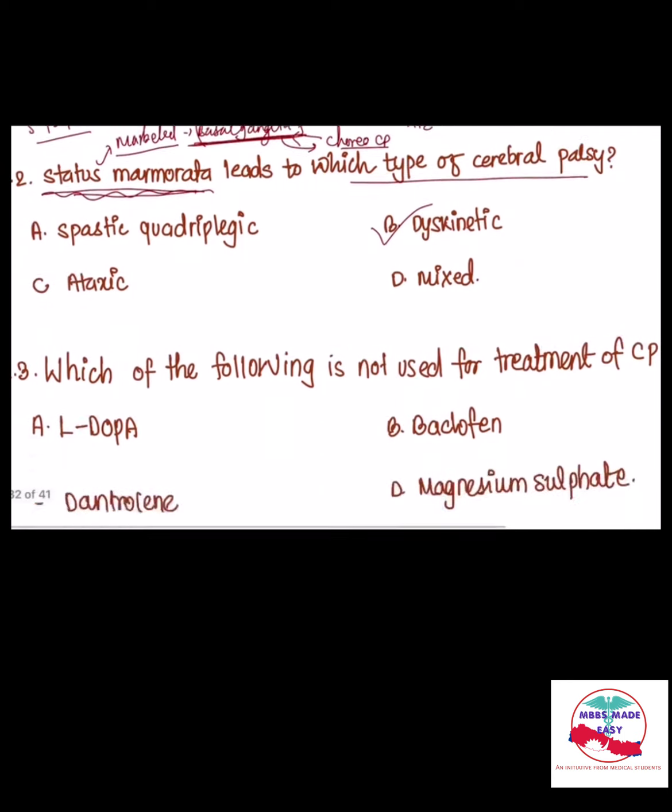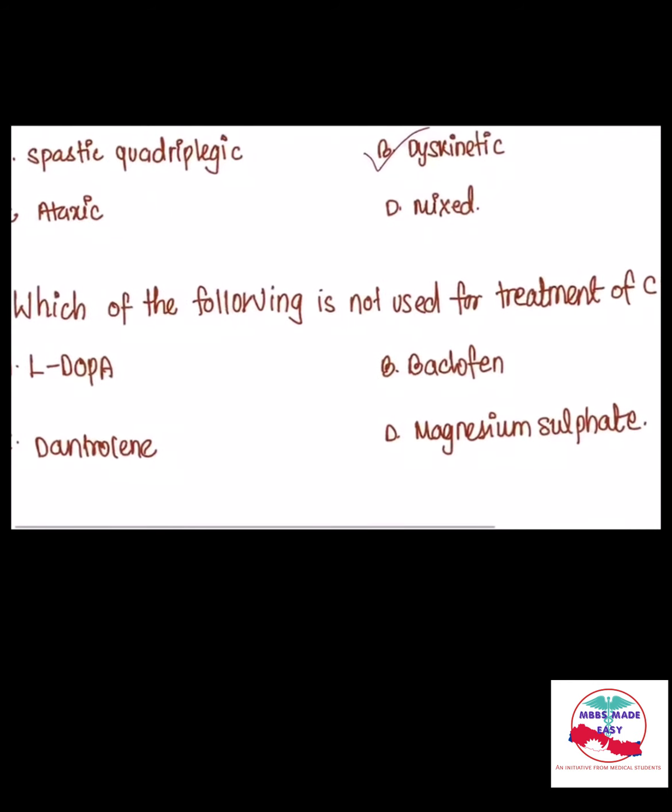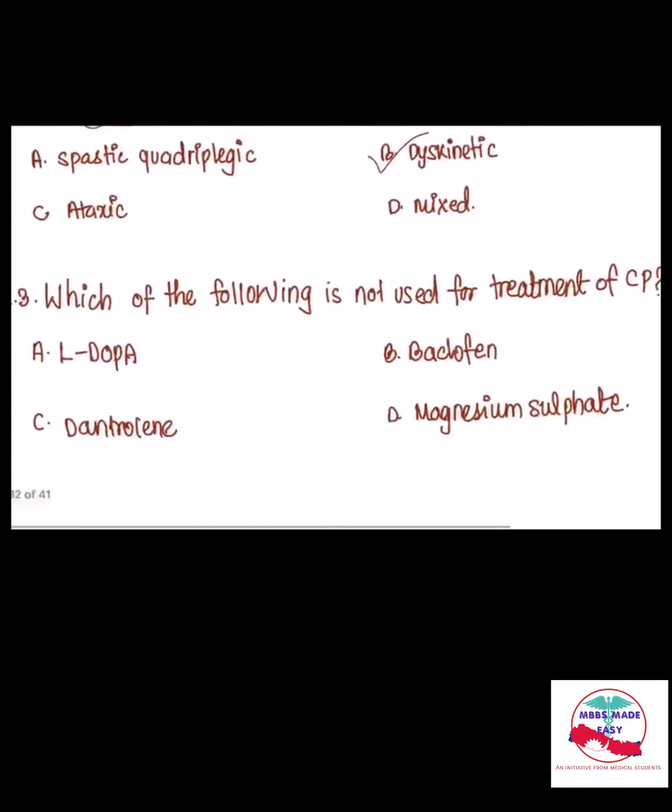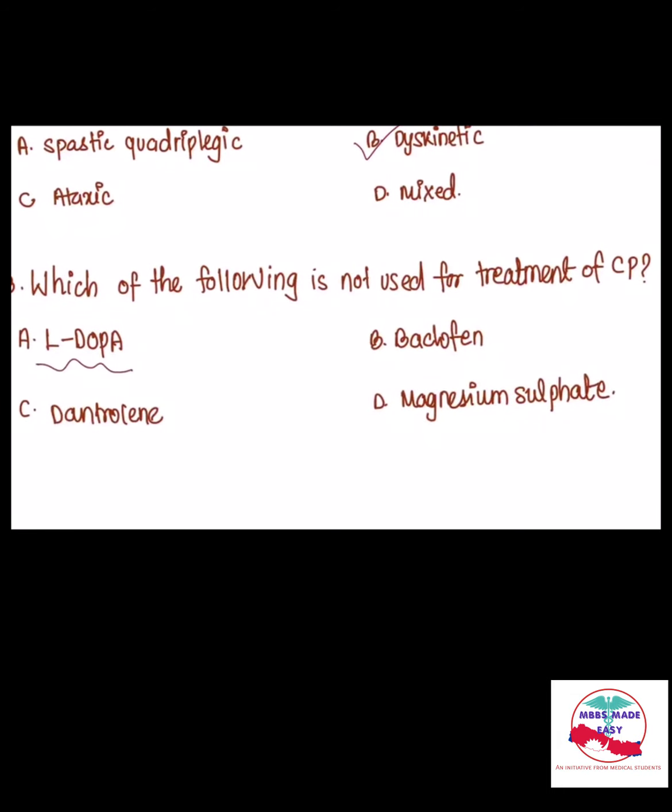And finally, which of the following is not used for the treatment of cerebral palsy? One is levodopa. We know that levodopa is used in choreoathetoid type of cerebral palsy because levodopa stabilizes the basal ganglia, and choreoathetoid cerebral palsy will have Parkinson type of disease, so treatment will also be Parkinson type. Next, levodopa can be tried, so it can be used.